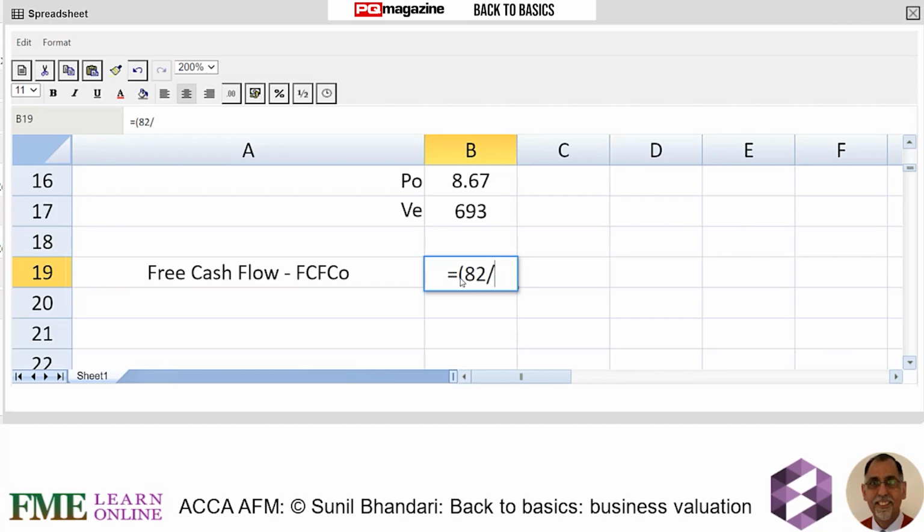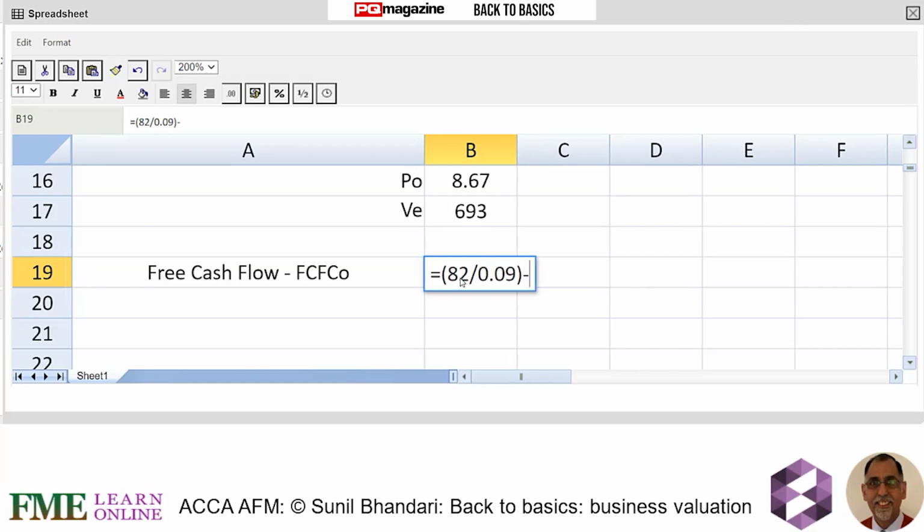So I divide that by the weighted average cost of capital and close bracket. Now whatever comes out of my calculator or spreadsheet there, that number is the value of the equity and the debt taken together. The value of the equity and the long-term debt taken together. But I want the value of equity.